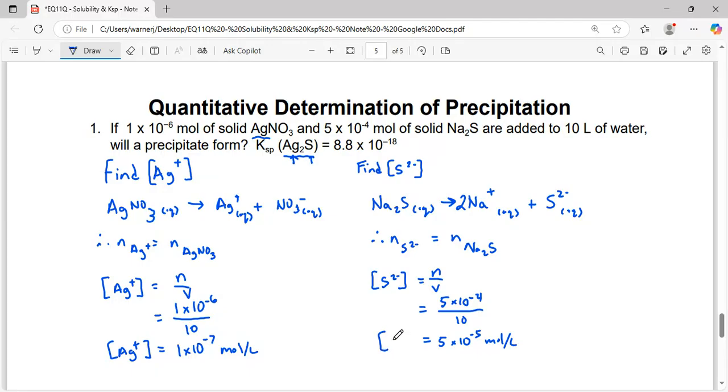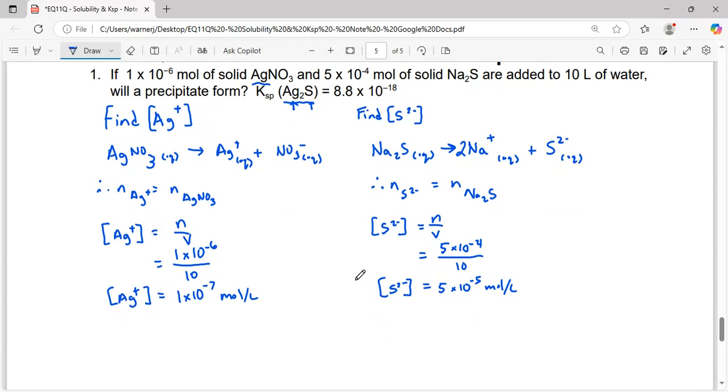So now that I have those ion concentrations, I can use them to find Q, right? So that's the first part. I'm just going to grab my calculator because that could be useful. All right, so to find Q, this is now where we're going to deal with the equilibrium. So we have Ag2S solid.